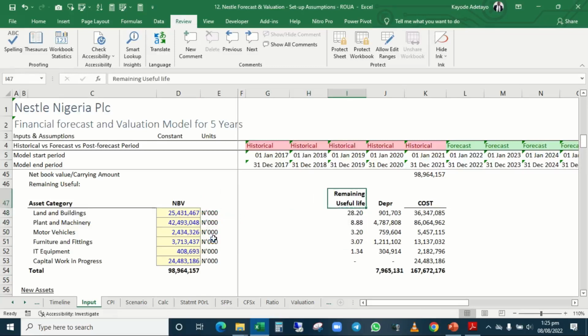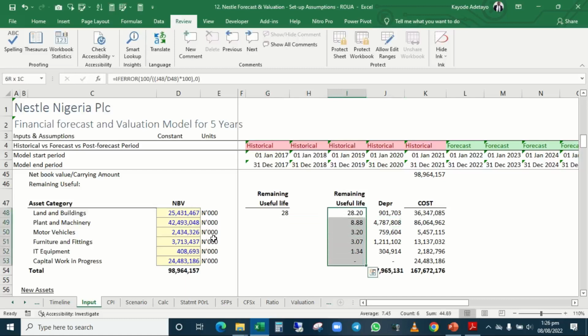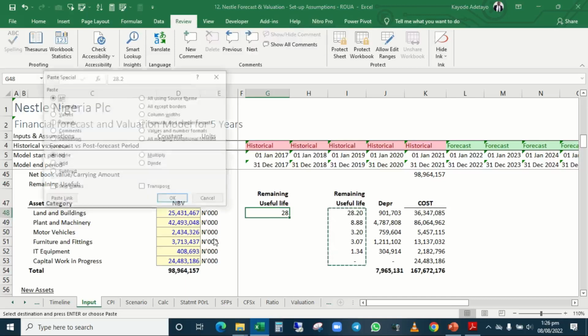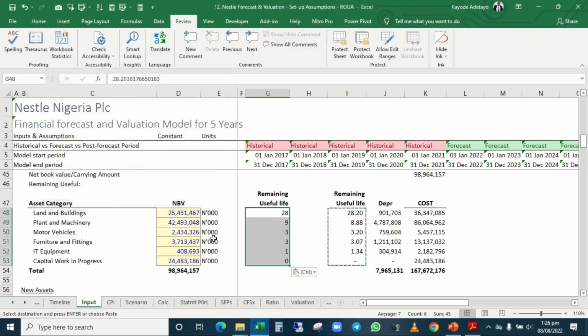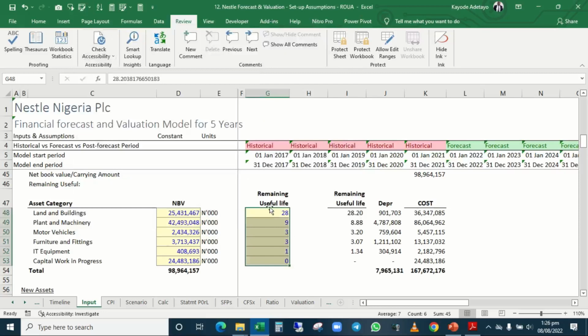Copy. Or let me just copy and paste as values. Copy, paste as values. And these are assumptions.